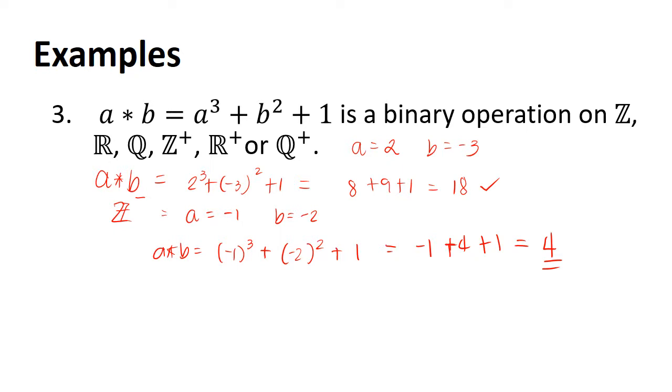Thus, these values of a and b alone are a contradiction to the claim that the operation defined by a cubed plus b squared plus 1 can be a binary operation on the set of negative integers. Because there is one contradiction, it cannot be a binary operation.